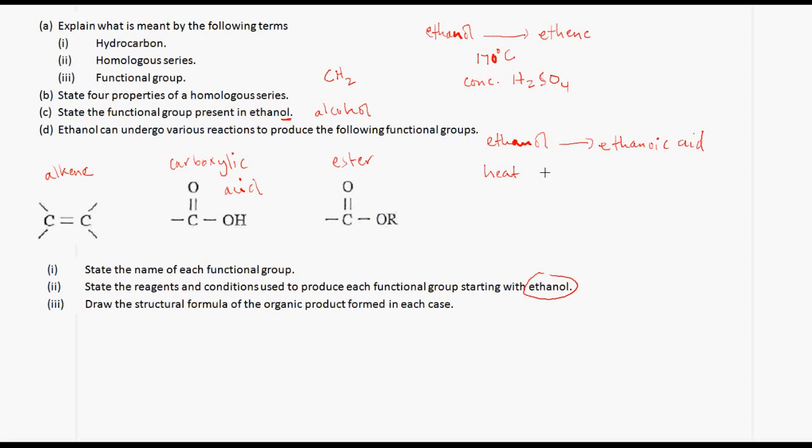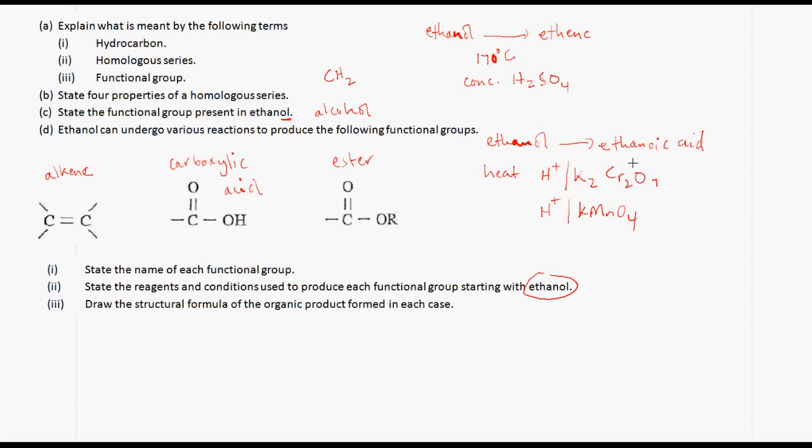So you heat with H+ K2Cr2O7, or we can also heat with acidified potassium manganate 7, KMnO4. So we need to heat, and we need to heat with an oxidizing agent. So we have acidified potassium dichromate 6 or acidified potassium manganate 7.